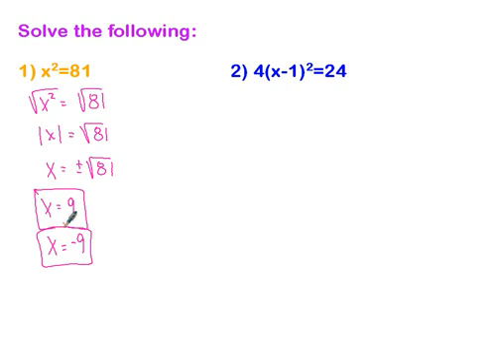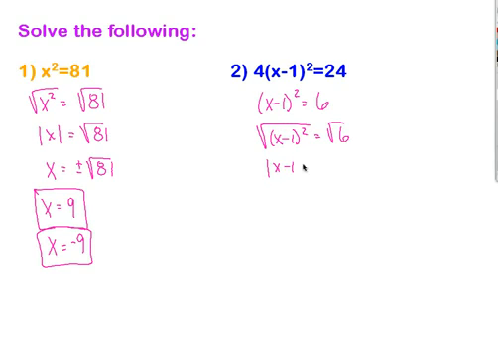You can check. In this next equation, we're going to divide both sides by 4. So we have x minus 1 squared is equal to 24 divided by 4, which is 6. We're going to take the square root of both sides. The square root of x minus 1 squared is just the absolute value of x minus 1, and we still have the square root of 6 on the right.